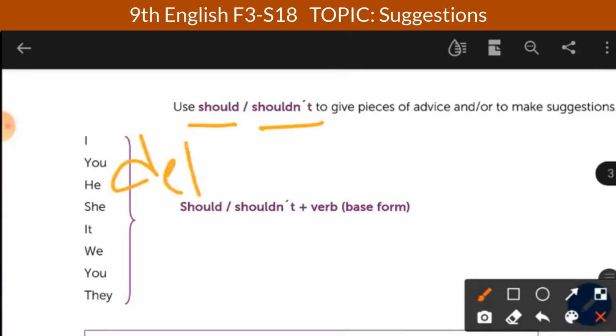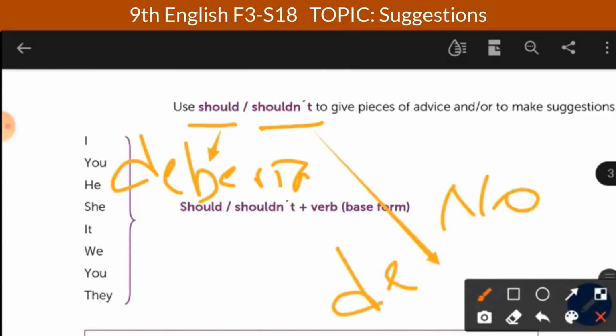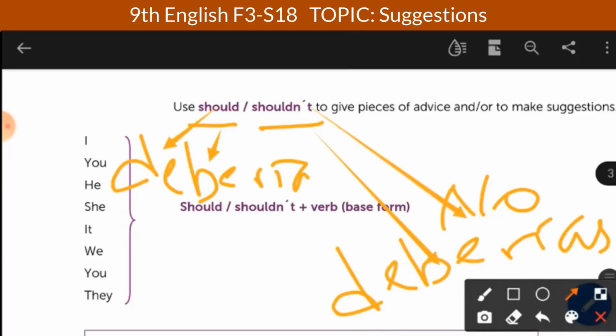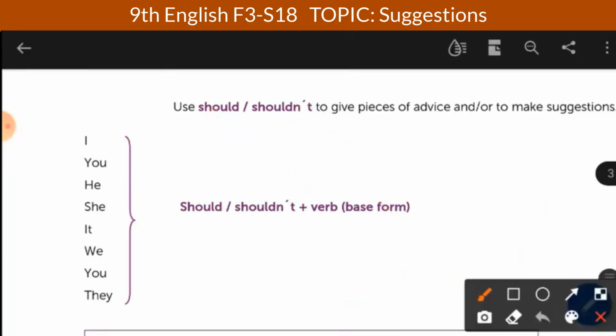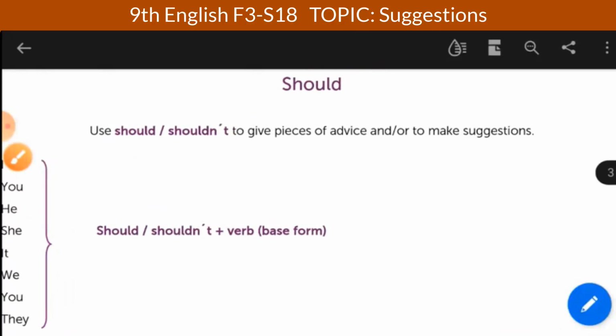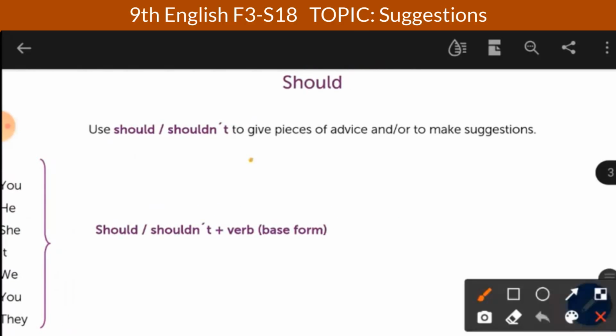In Spanish, yes, in Spanish, should. Yes, remember that. Should, shouldn't. Okay? Should, deberías, and shouldn't, no deberías. Okay? So you use should and shouldn't to give pieces of advice.